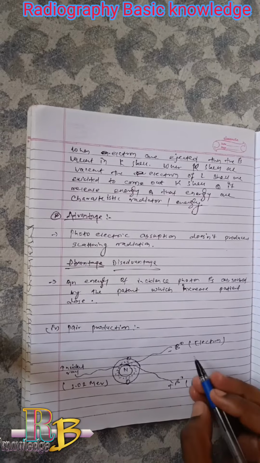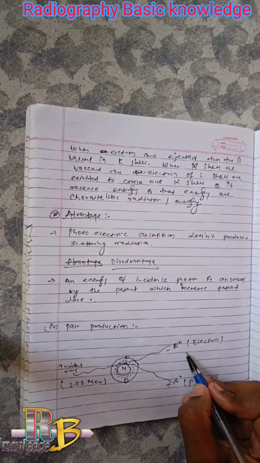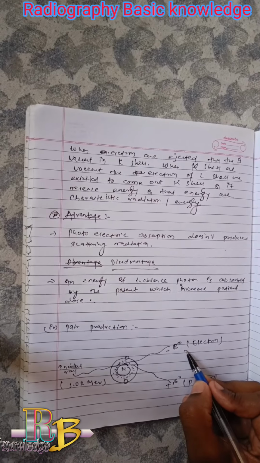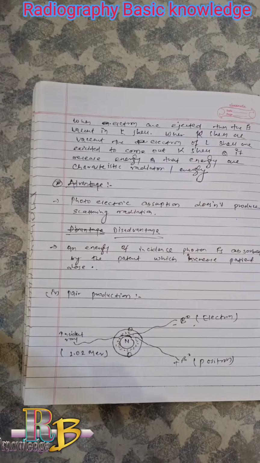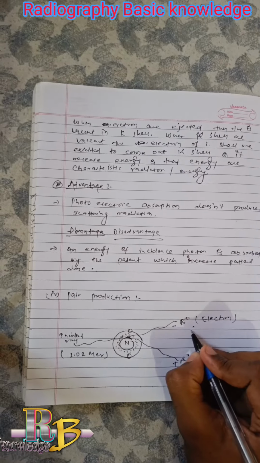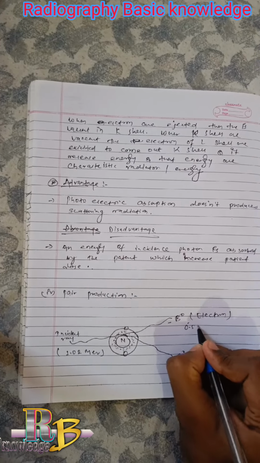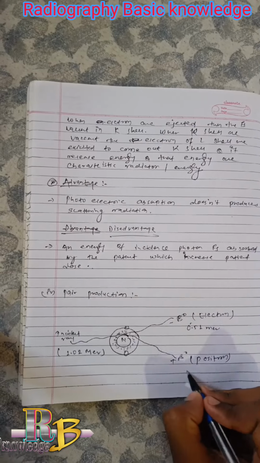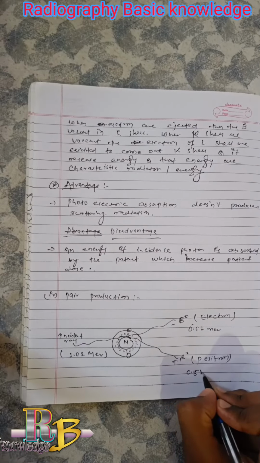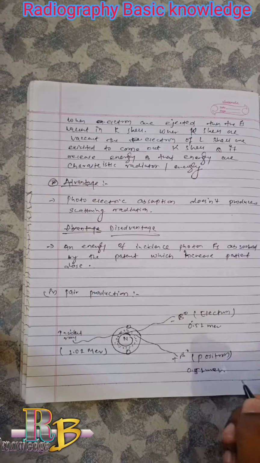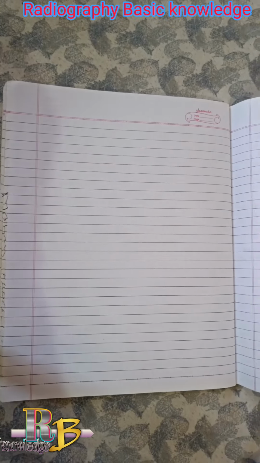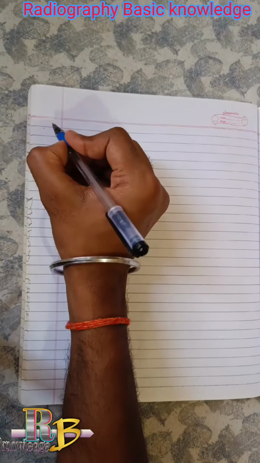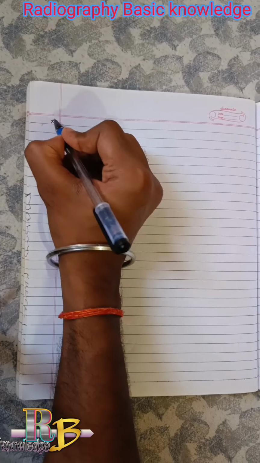The energy of each of these two charges is 0.51 mega electron volt. These energies are used in advantage.